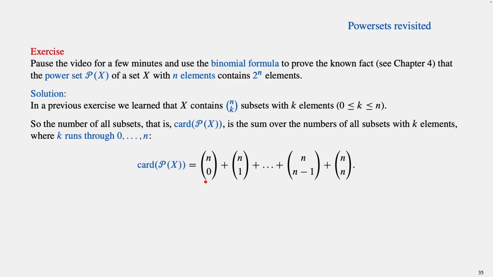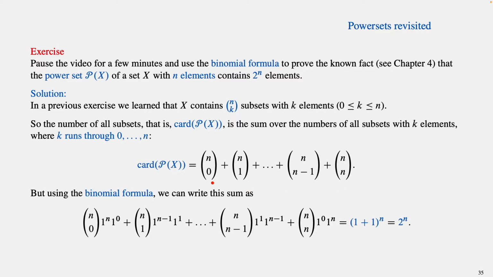And this is the cardinality of the power set. And now we use the binomial formula for this, because we can think of this as being the following sum: n over 0 times 1 to the power of n times 1 to the power of 0. So this is just 1 written in a fancy way, plus n over 1 times 1 written in another fancy way, plus, and so on, n over n minus 1 times 1 written in yet another fancy way, plus n over n times 1 to the power of 0 times 1 to the power of n.